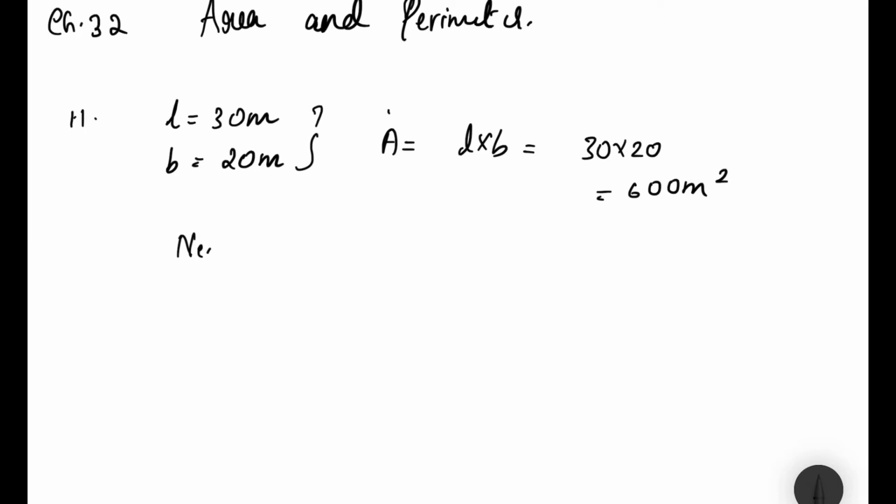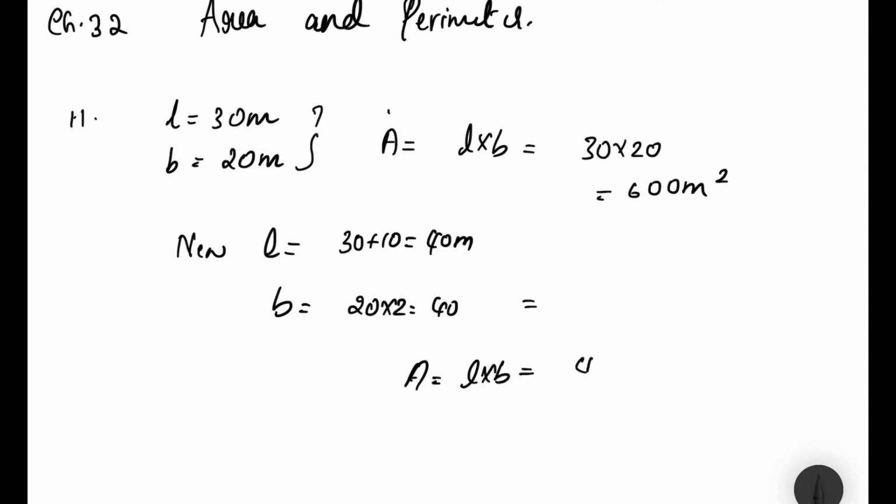So what will be the new length? Length is increased by 10 meter, 30 plus 10 is 40 meter, and breadth is doubled, 20 into 2, that is 40. So what will be the area? Area is equal to L into B, so 40 into 40 equal to 1600 meter square.